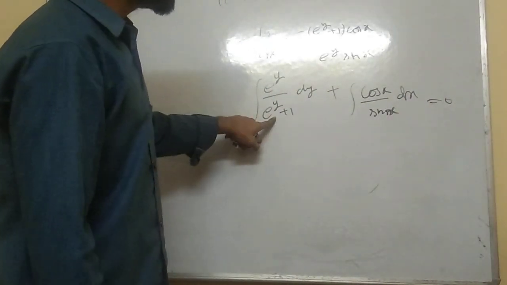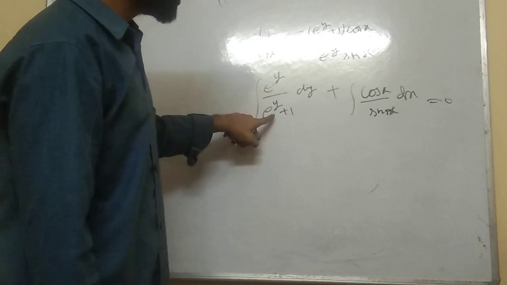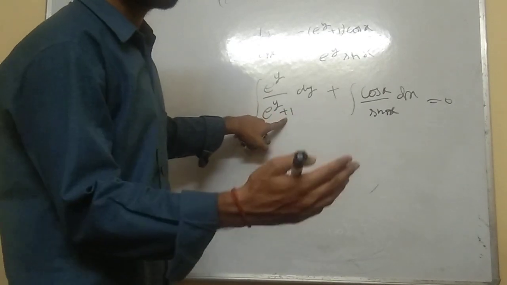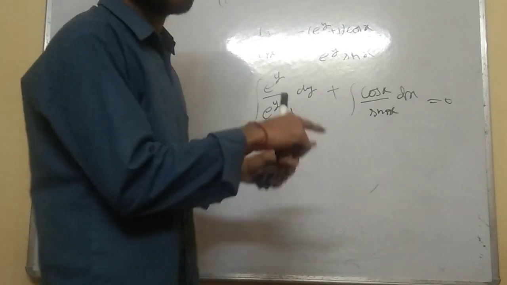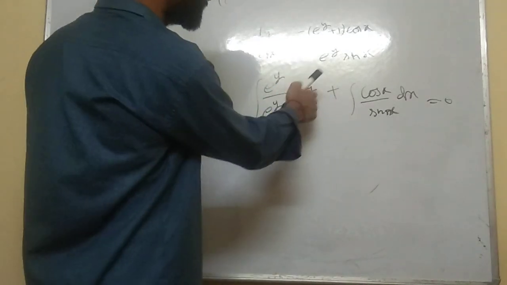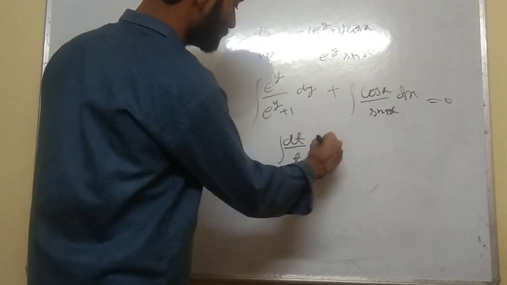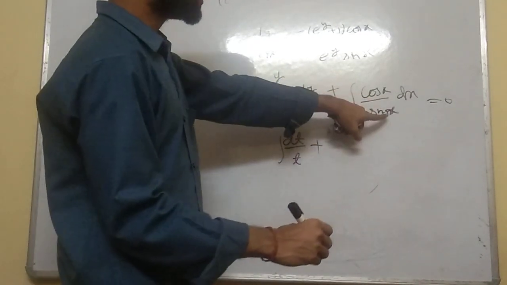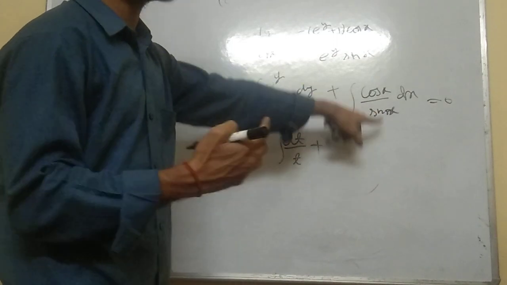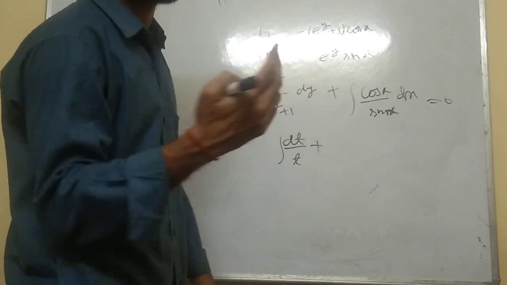Now if you want, you can consider this as t. If you consider e to the power y plus 1 is equal to t, then e to the power y dy is equal to dt. So this term will become dt upon t plus cos x upon sin x. This will become cot x, and the integration of cot x is log sin x.